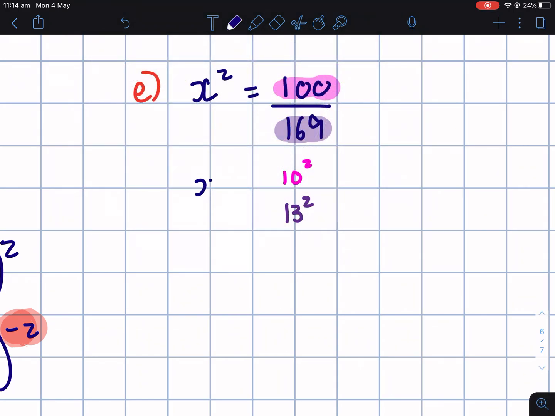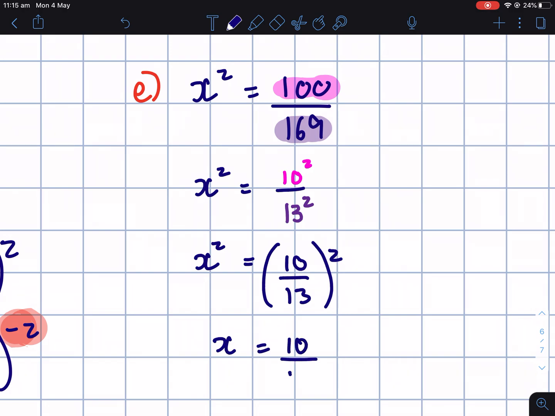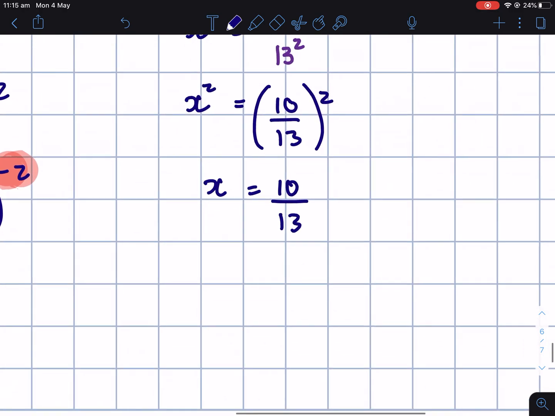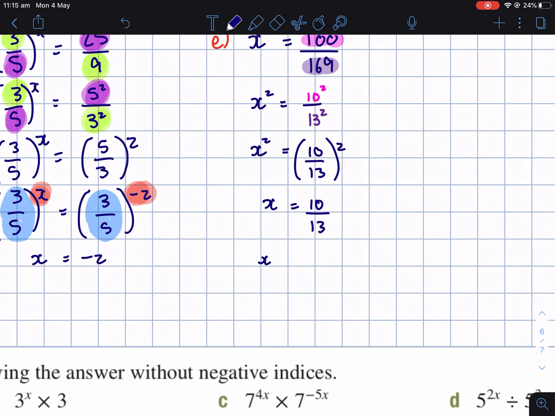So that means x squared equals 10 squared over 13 squared, which means x squared equals (10 over 13) squared. So x is 10 over 13. Or you could have been clever and said, well, if x squared equals 100 over 169, x is the positive or negative square root of that. So x is positive or negative 10 on 13.